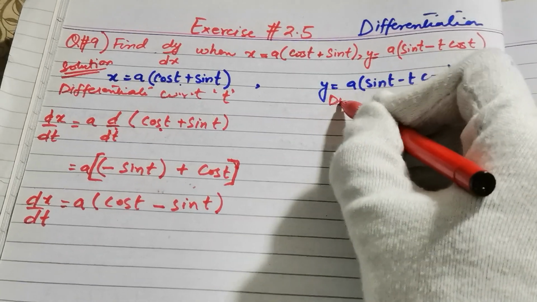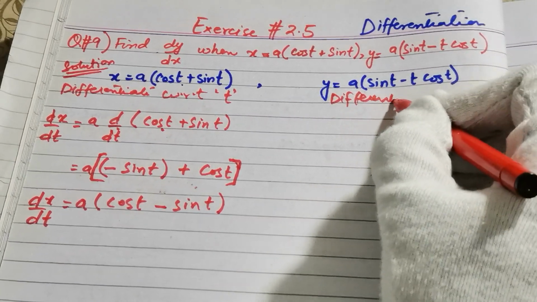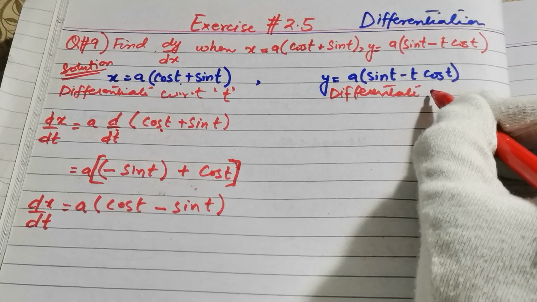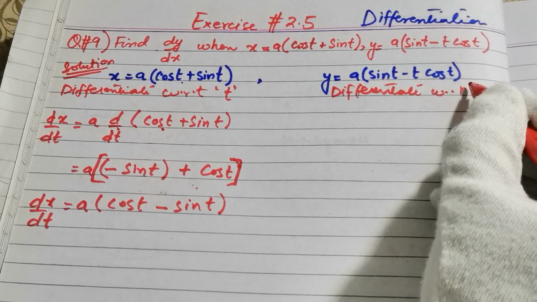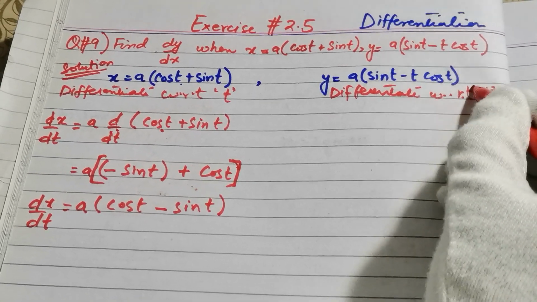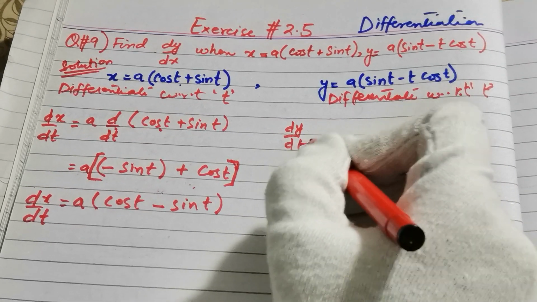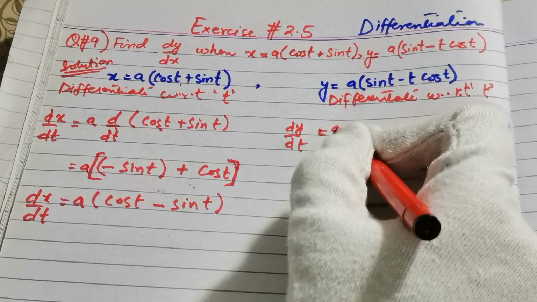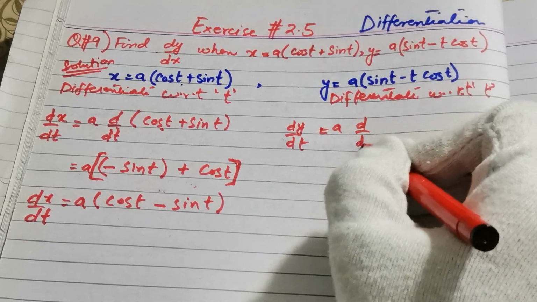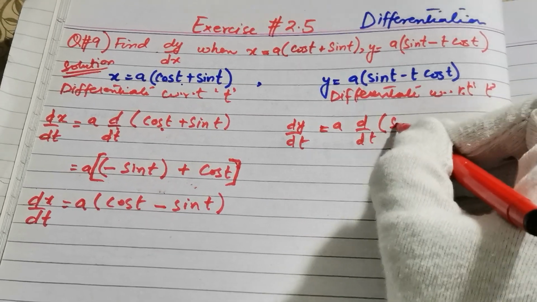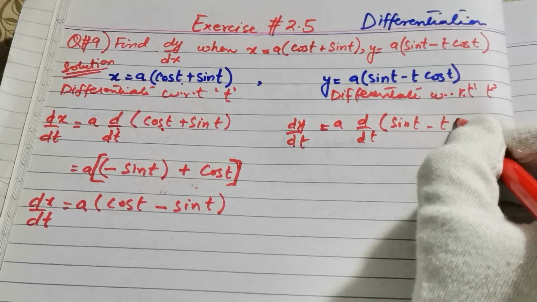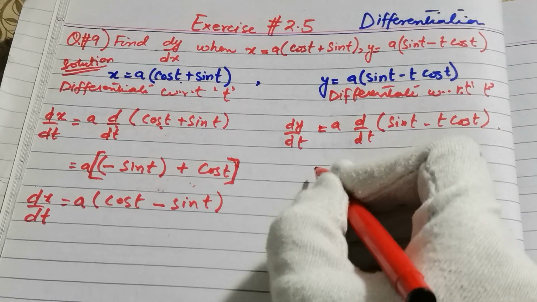Now differentiate again. The variable is t, so differentiate with respect to t. dy by dt: a is constant, so we will apply differentiation on sin t minus t cos t.